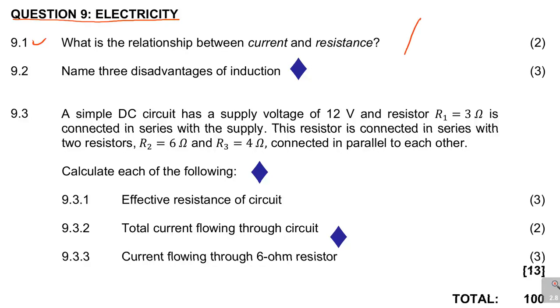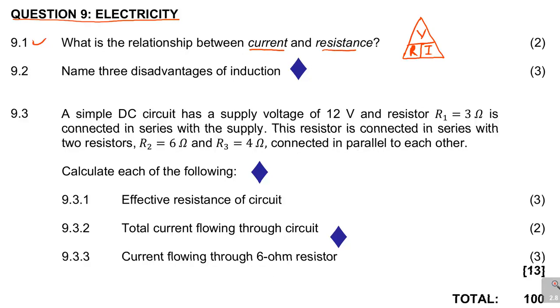But now, if you still remember, you have that kind of triangle which says resistance is equal to voltage over current. Remember this kind of triangle where you have R, V, and I. So now they are asking you, what is the relationship between current and resistance?